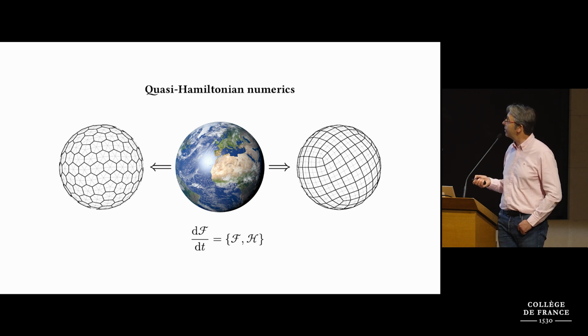These numerical schemes, for instance, can be built on top of a mesh like this on the sphere, the so-called cube sphere. We've seen an example in the previous talk. Or more irregular meshes like this, where you have some triangles here, and we form the Voronoi dual of that mesh here.